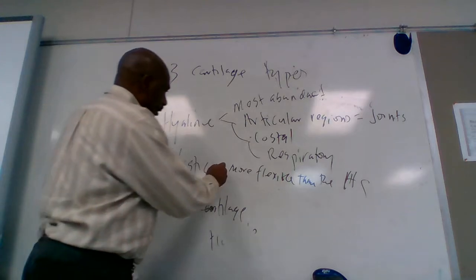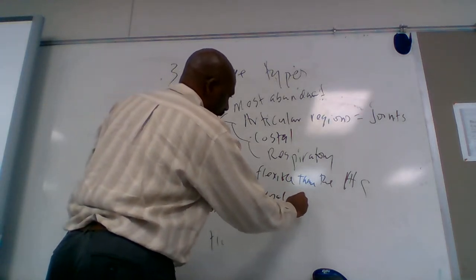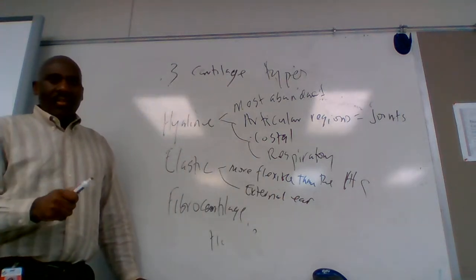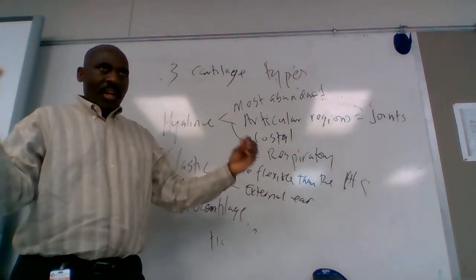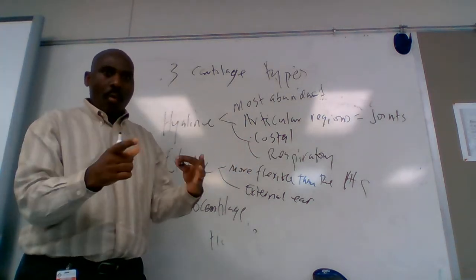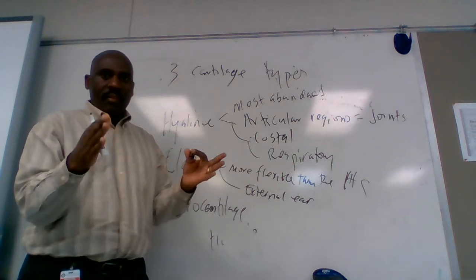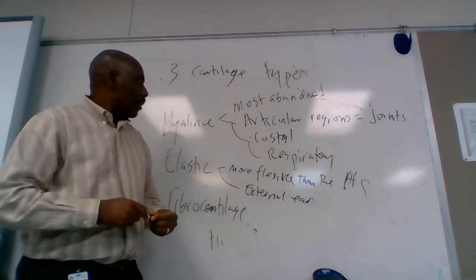You commonly find elastic cartilage in the external ear. To know that a structure is elastic, if you stretch it and you let go, it will resume its normal size. If it resumes its normal size, then it is elastic.